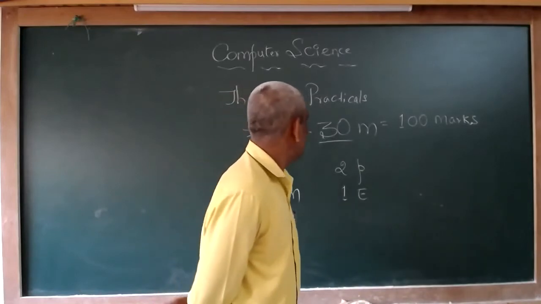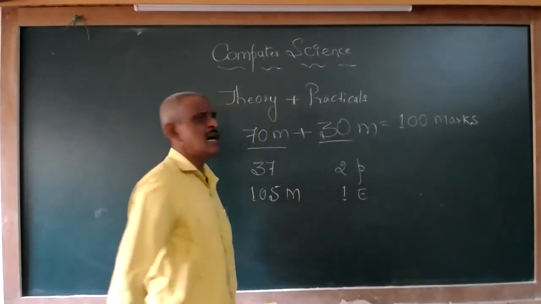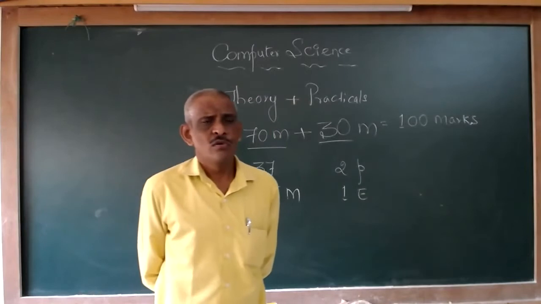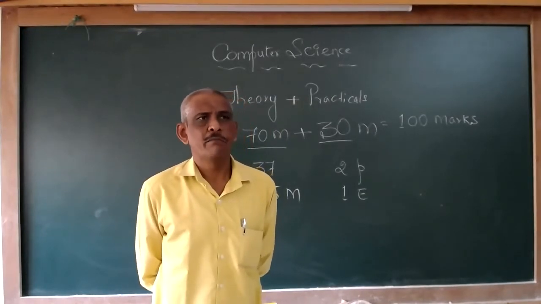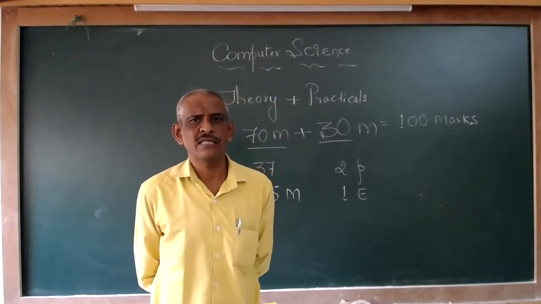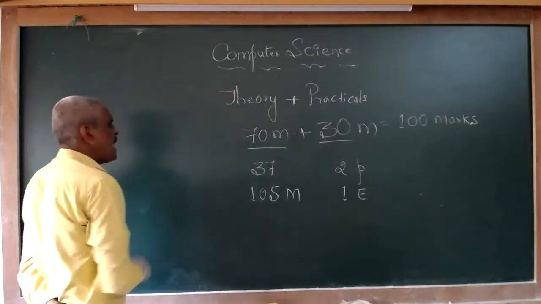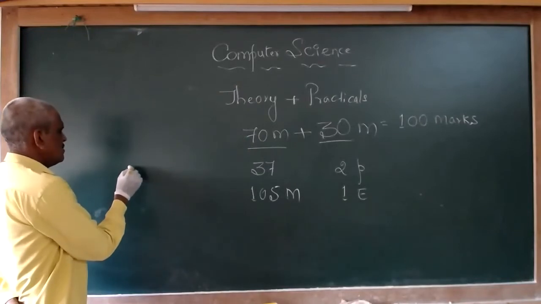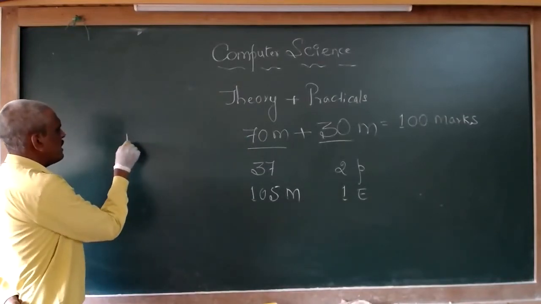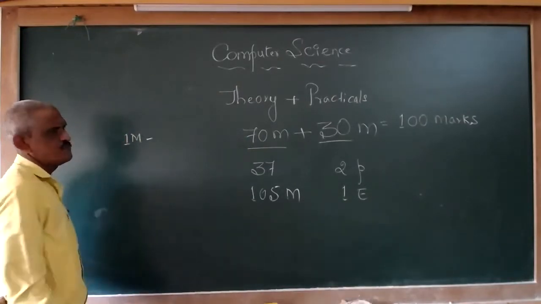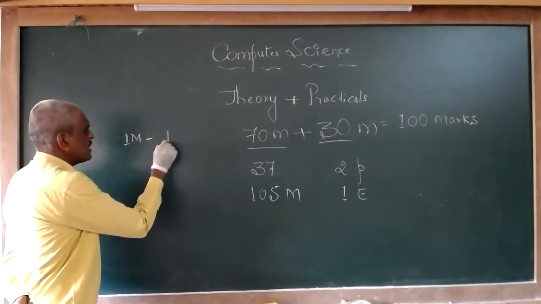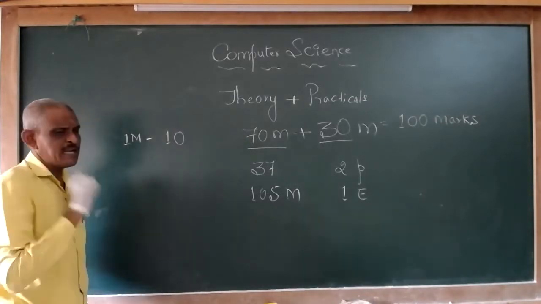These 37 questions are divided again into 4 parts: part A, part B, part C, and part D. In part A, we have 1 mark questions. There are 10 one-mark questions, and all 10 are compulsory.